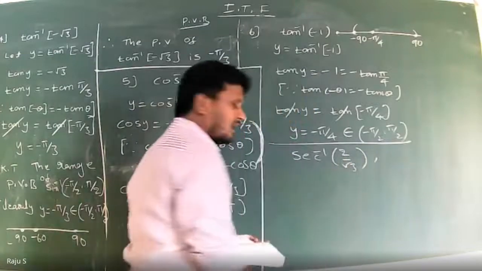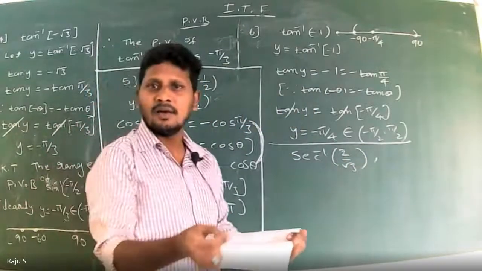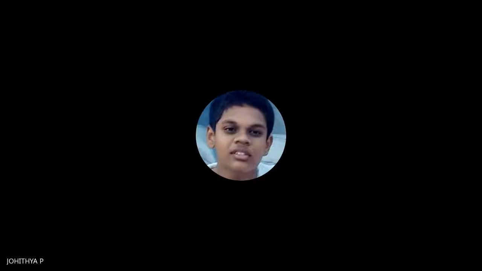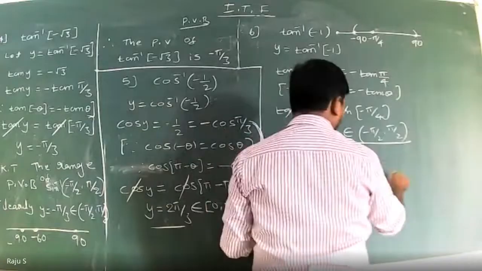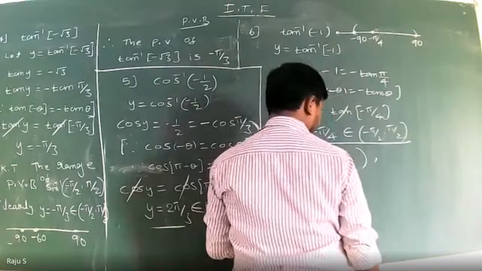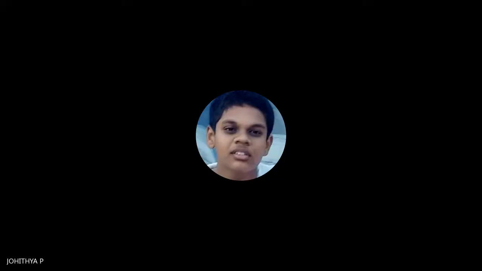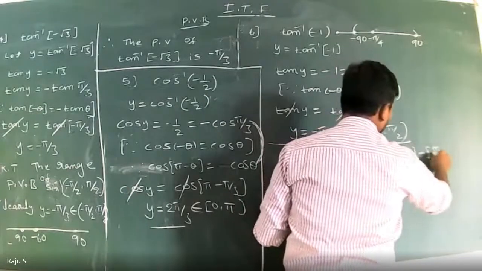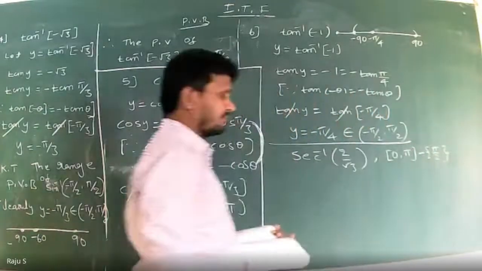First, can anyone tell what is the principal value branch of secant inverse? 0 to pi. Open interval or closed interval? Closed interval, sir. Closed interval 0 to pi, except 90.